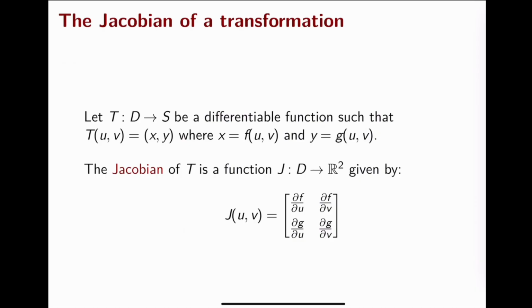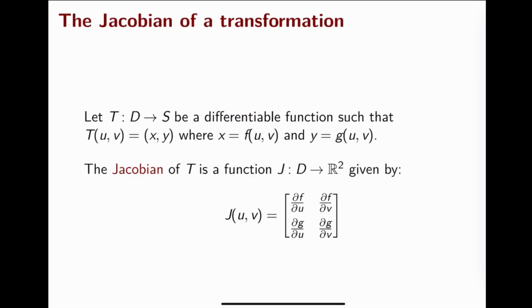We take the first component of the change of variables, put it in the first row, and take its derivative with respect to u and with respect to v. And when you finish, you take the second component and do the same thing, the derivative with respect to u and with respect to v. And again, this can be extended to any number of variables.